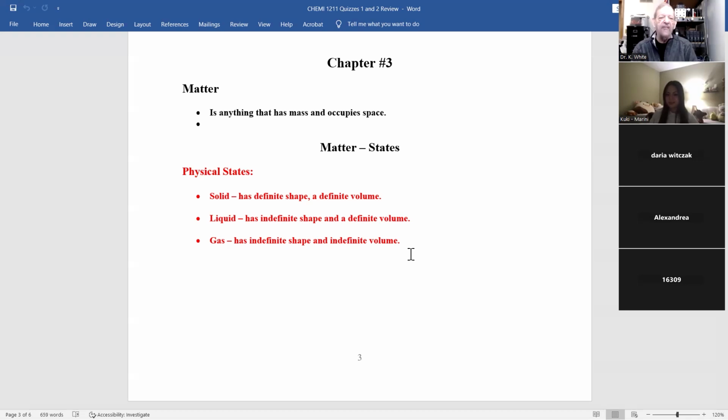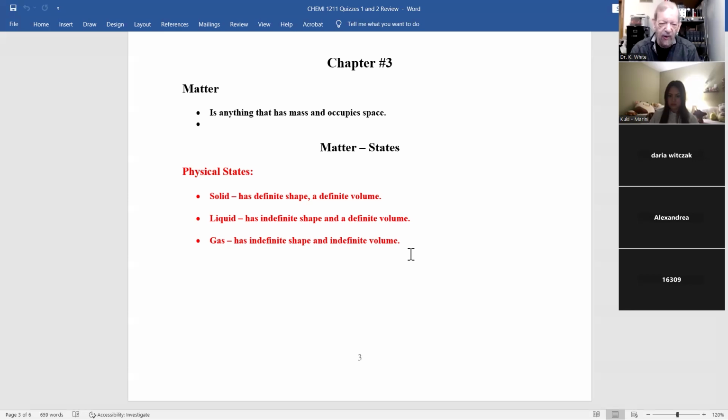Anyways, first of all, what is matter? Matter is anything that has mass and occupies space. When we talk about matter, there are 3 physical states of matter you should know. Here's a secret about Dr. White: when I do something in red, my favorite color, that means it's really important.